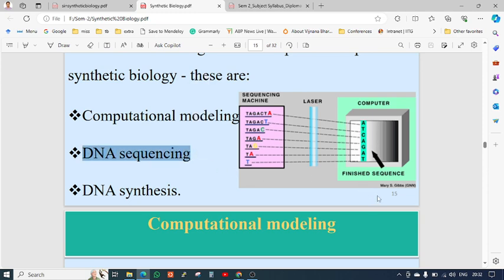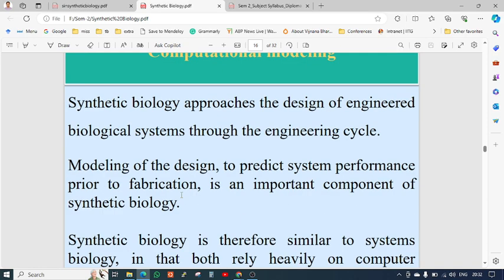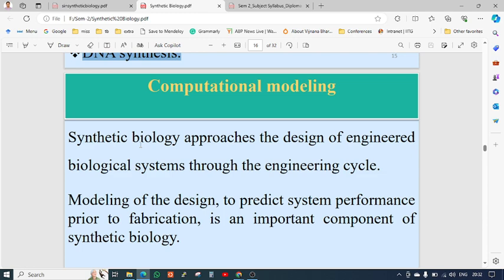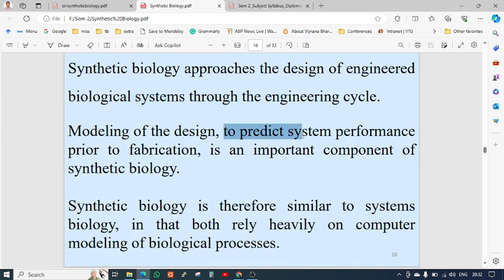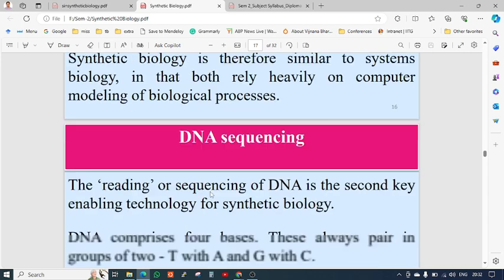The repetitive sequences are added, then finally DNA synthesis happens in the wet lab. So computational modeling is the first step where synthetic biology approaches to design and engineer a biological system through an engineering cycle. Modeling of the design predicts system performance prior to fabrication. I already showed that it was designed computationally, so DNA sequencing is the important step. If it is a success, then we go for DNA sequencing.